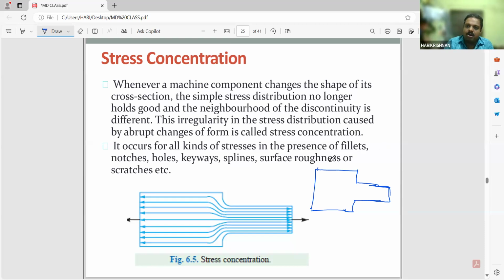You all know that if water is flowing through this section, water comes in through this area, throughout the space. What happens at this place? There is a change in area. So what happens here? The water concentration will increase. Is it clear? Any doubt?